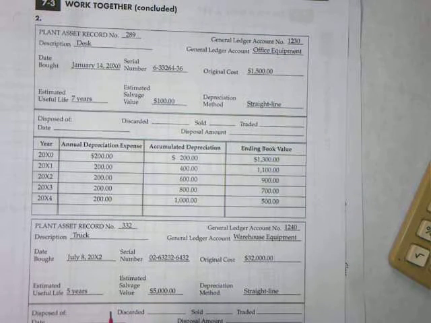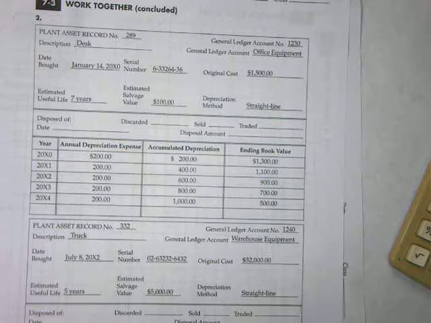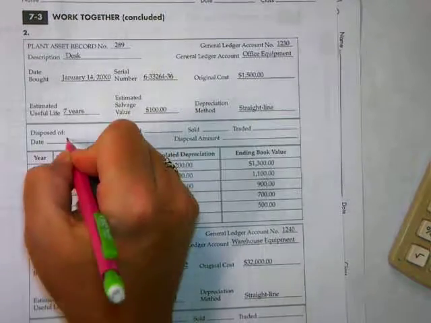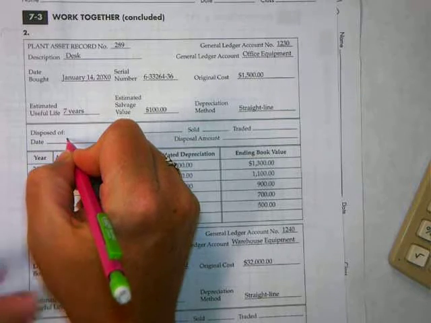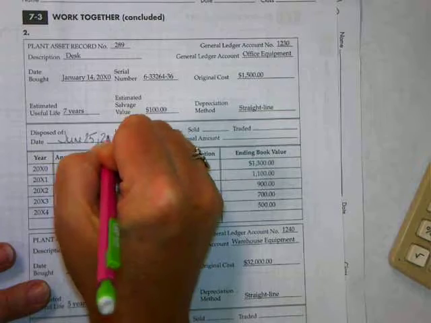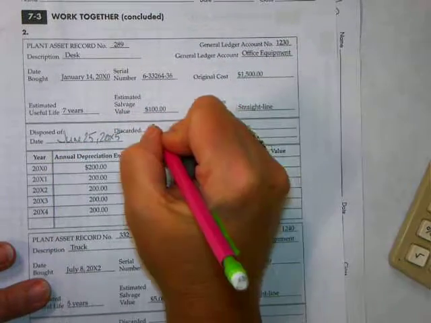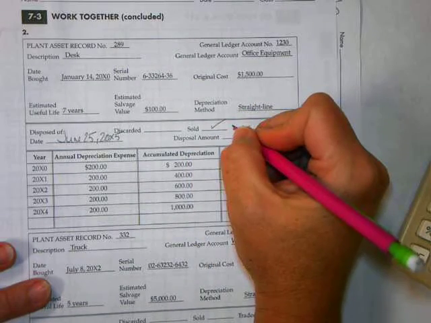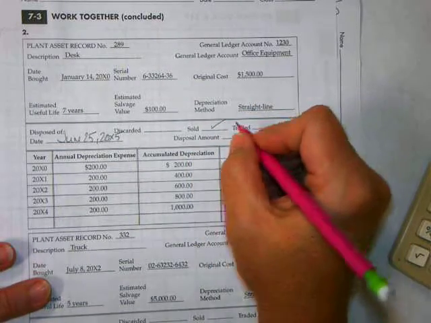So now we need to do it for the current year and the disposal of. So June 25th, 20x5 is our date. We are selling it for $600.